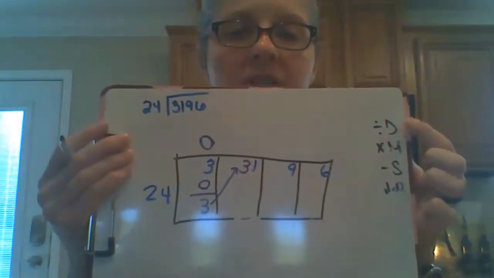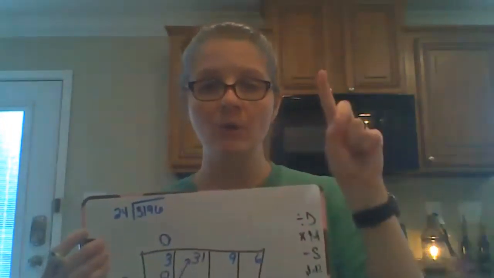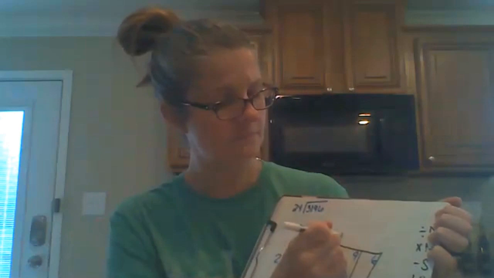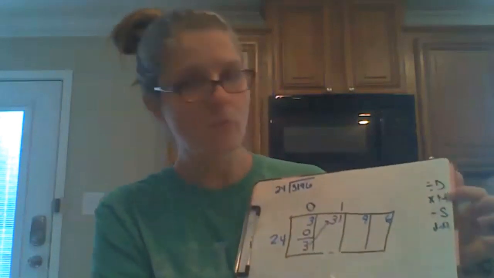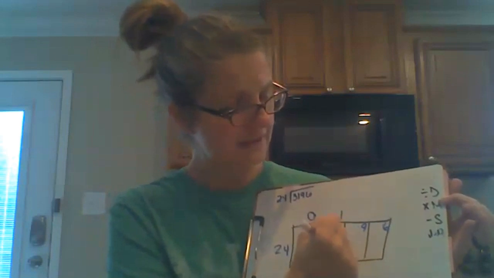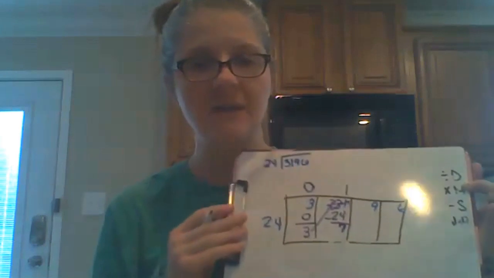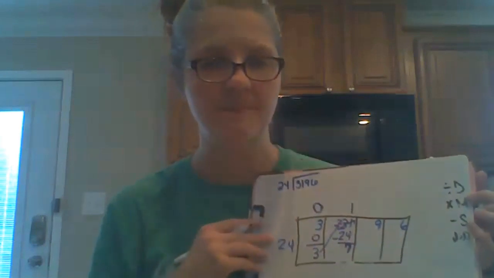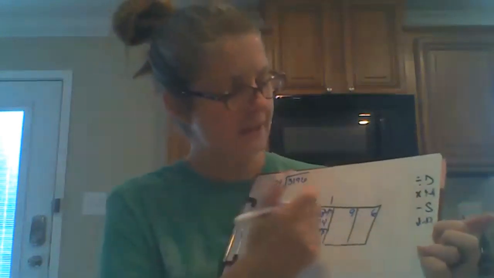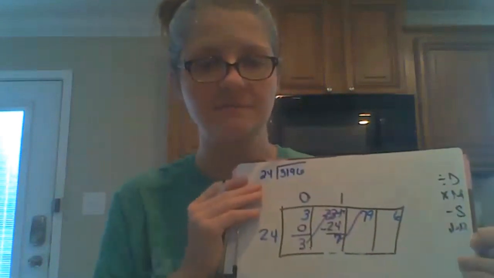So I'm going to do 31 divided by 24. I know 24 will go into 31 one time. 1 times 24 is 24. Then I subtract. That leaves me with 7. So now I'm ready to bring that over. My new number is 79.